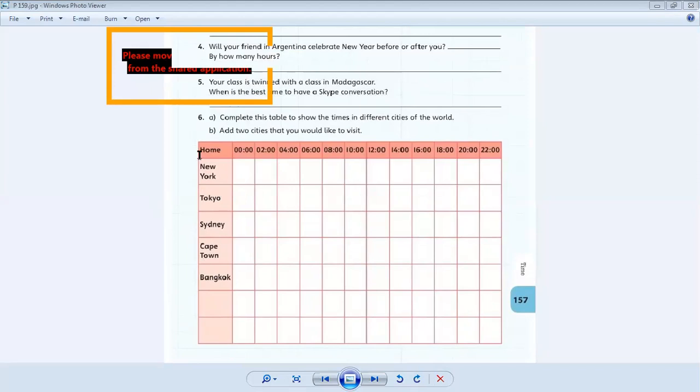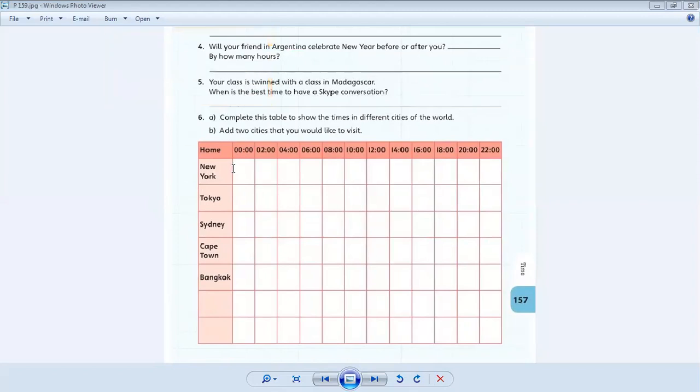And our home is in Libya, in Tripoli. We visit New York at first. If the time is 00 in New York, what is the time? New York is in America, and the time zone is -5. How many hours difference between us?